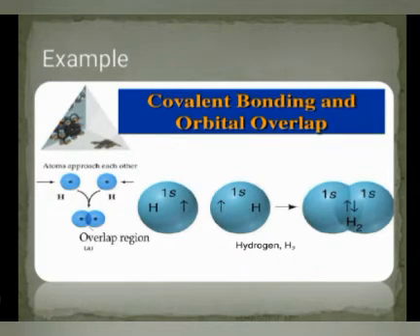Once again, when two atoms come closer to each other, suppose this is H coming closer to a second H. When they come closer, one electron of each hydrogen becomes anti-clock. Suppose this electron becomes anti-clock and this electron remains in the clock direction.